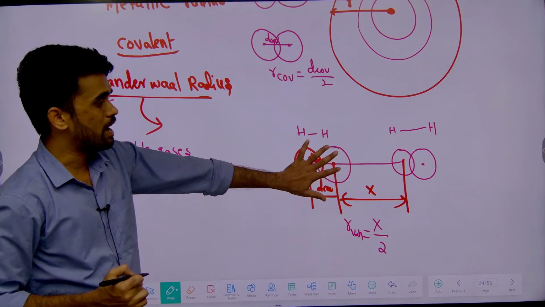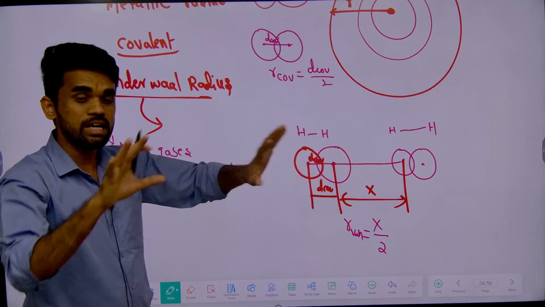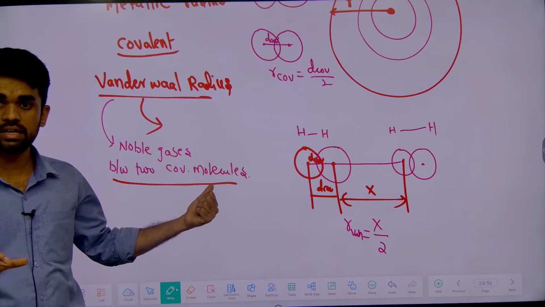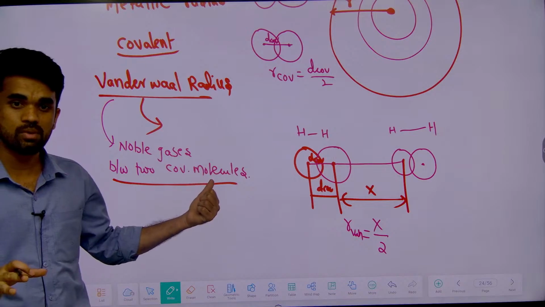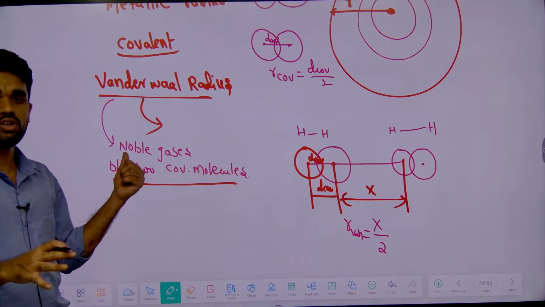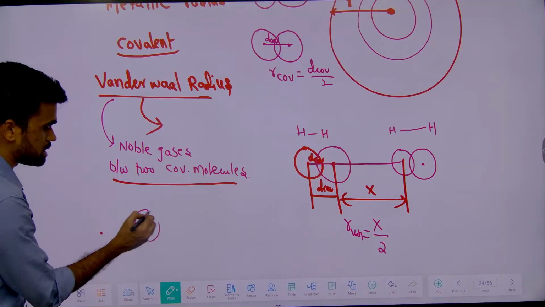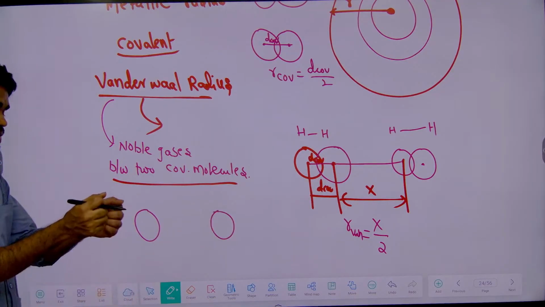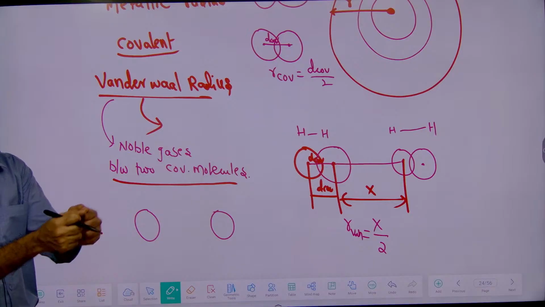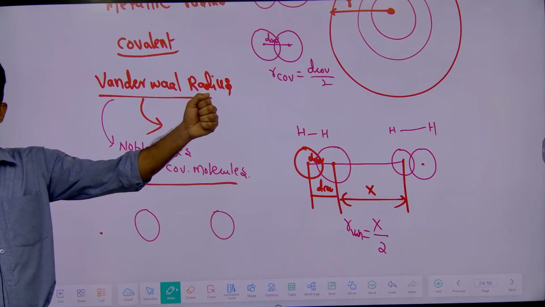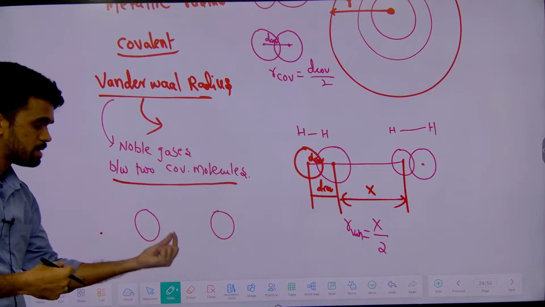Van der Waals radius is given between two covalent molecules, or, see, we know noble gases won't make any bonds. They independently exist like this. They don't even stay close to each other, because we know gases will be far from each other. They will move here and there, so there will be some space in between.